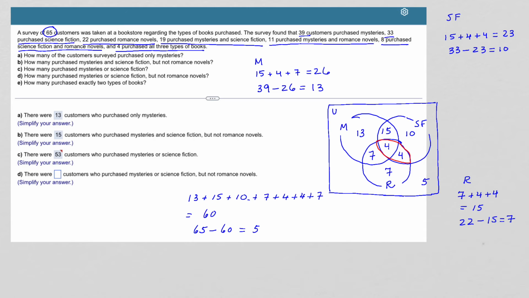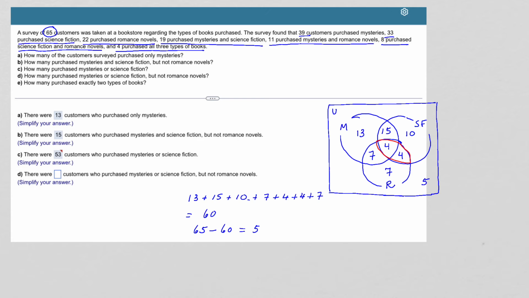Okay, so now we can answer our questions here. So I'm going to take out these side notes. How many customers purchased only mysteries?